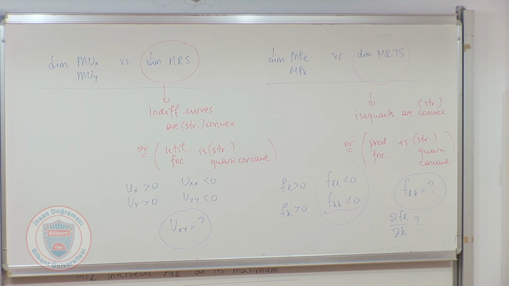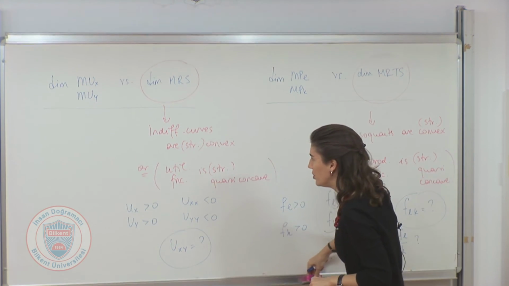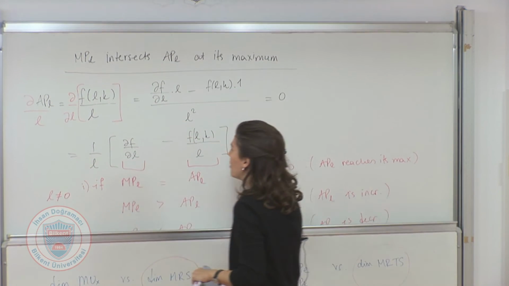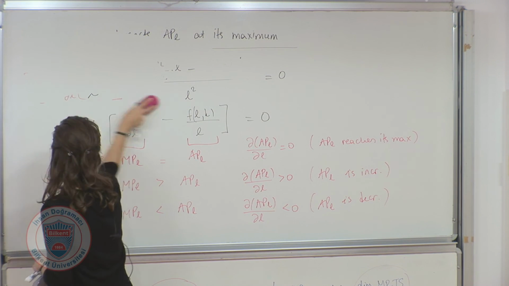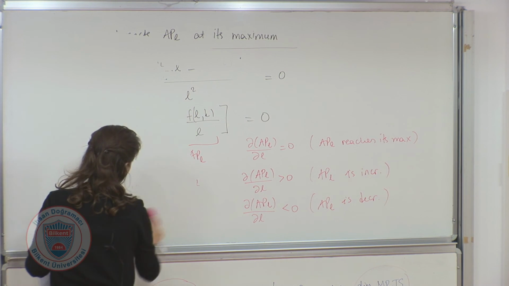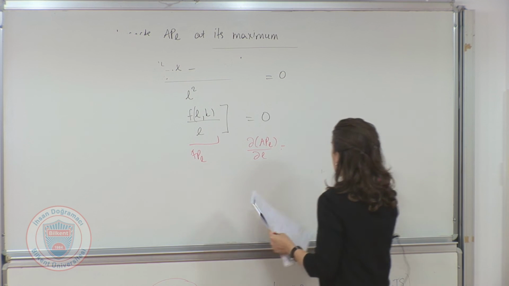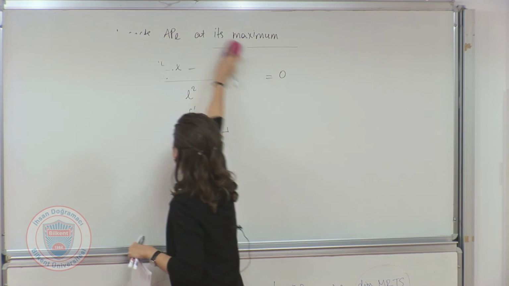Don't worry, I never ask this, but just to remind you, the condition for quasi-concavity was something like this. If you check your notes in the utility theory, and then we'll give a break.